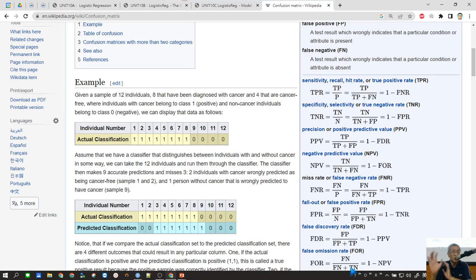That is the traditional way that we measure accuracy. But today we will have a better way of measuring accuracy, and it would be more useful when we are using a probability model in a business application.